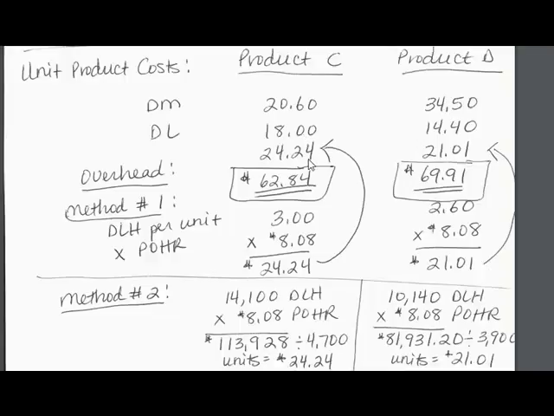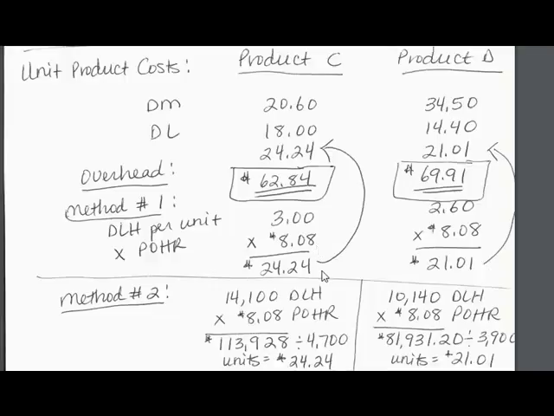So this last piece, these two figures represent the overhead cost per unit calculated using the single POHR. And there were two methods I could use to get these overhead costs per unit. The shortcut approach is to take the number of direct labor hours per unit of product, and that's 3 for product C, and multiply that by the POHR.